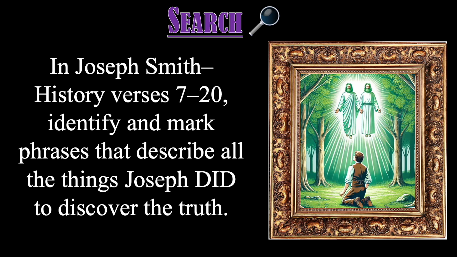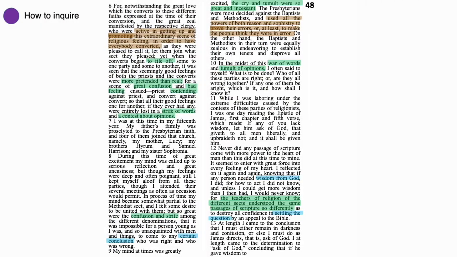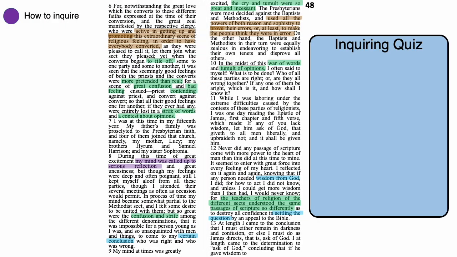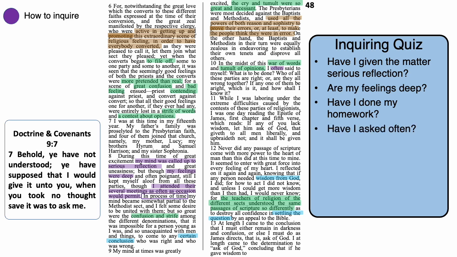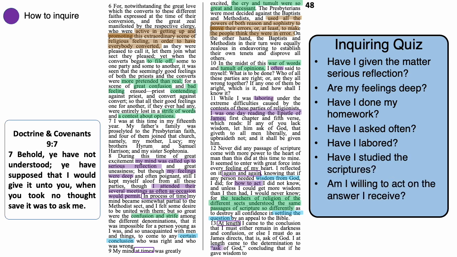And for each one, after they've done it, you can talk about why that step would be important for anybody seeking answers from God, in the way that I did it in the Insight video. And with each point, you can add a personal inquiring quiz question, which is meant to personalize each action that Joseph took and apply it to our own searches or inquiries after truth.